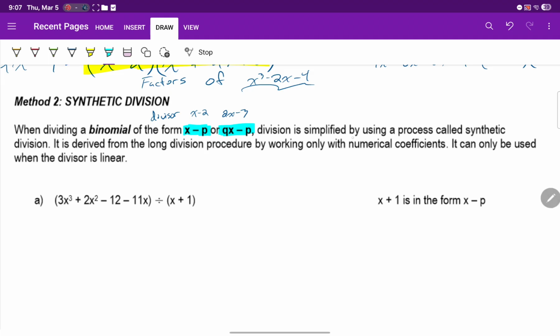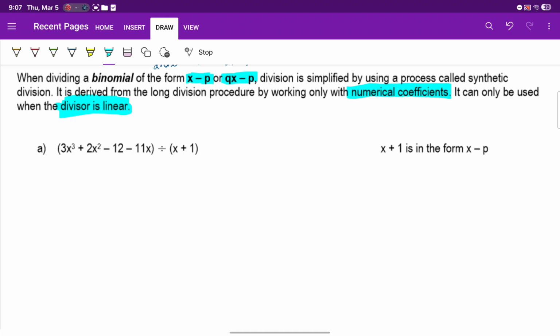So we're only going to be looking at numerical coefficients here. It can be used only, and this is super important, when the divisor is linear. So if my divisor is a quadratic, a cubic, or a quartic, we cannot use synthetic division.